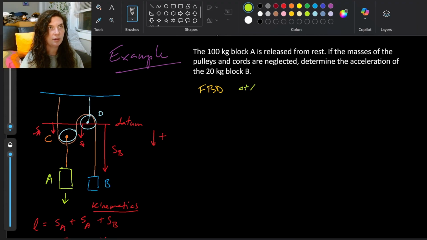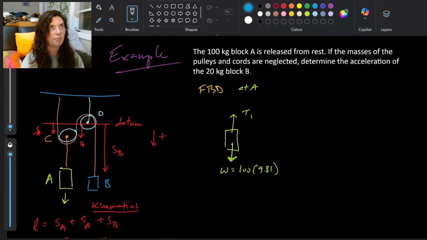So if I look at my free body diagram at A, I have the block A that has a mass of 100 kilograms, meaning that it weighs 100 times 9.81. And it's got this orange cord connected to it that connects it to pulley C. So I'm going to call this tension 1, the tension of that orange cable.